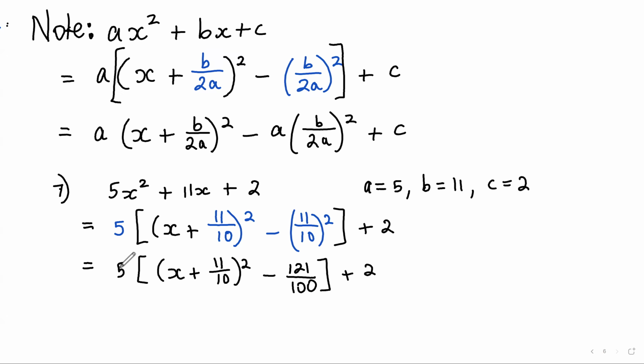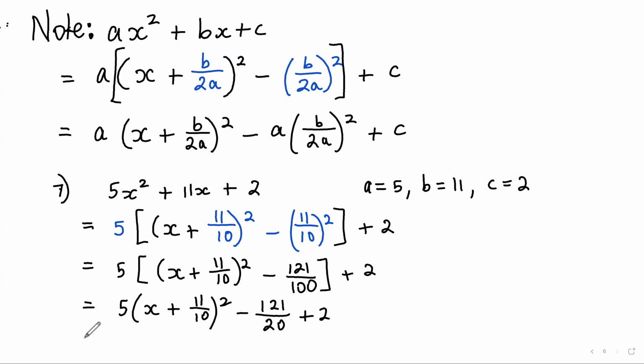Now I distribute 5 throughout, so I'm going to multiply 5 by the x plus 11 over 10 squared. So that just becomes 5 by x plus 11 over 10 squared. And then 5 times negative 121 over 100 will be minus 121 over 20 plus 2.